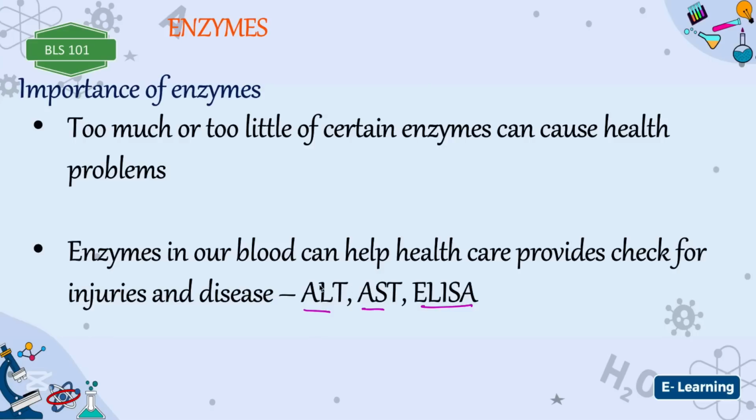All these ones, they are used to test for what? For liver diseases. These ones, they are liver enzymes. Once they are present inside of your blood, you know that you are having a liver issue. All right. So all these, they can actually help provide feedback for injuries and diseases. Do you get it? Exactly.